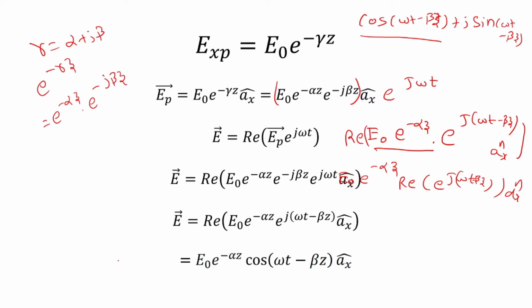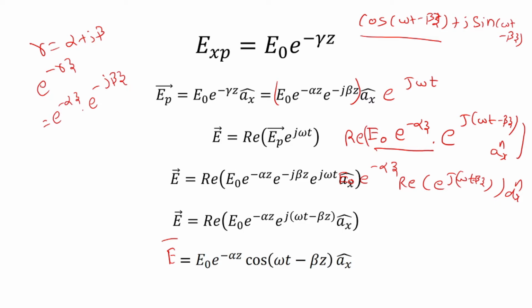So this is the complete expression of electric field intensity for a uniform plane transverse electromagnetic wave. See, in this, both the magnitude and the phase are purely dependent on z but no other space variable. That is, it is not dependent on either x or y.